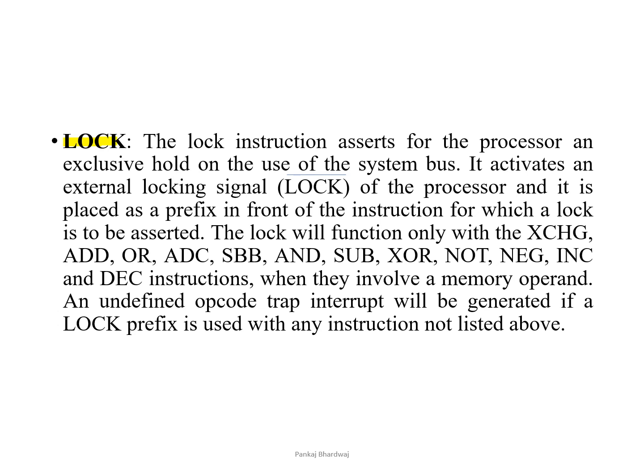Next, the LOCK instruction. It claims the hold on the use of the bus of a processor. It activates the LOCK bar signal, an external locking signal, and it places a prefix in front of the instruction for which a lock is to be claimed. The lock is to be claimed for instructions like exchange, add, add with carry, subtract with borrow, subtract, XOR, not, negate, increment, and decrement when they involve a memory operand other than a register operand.